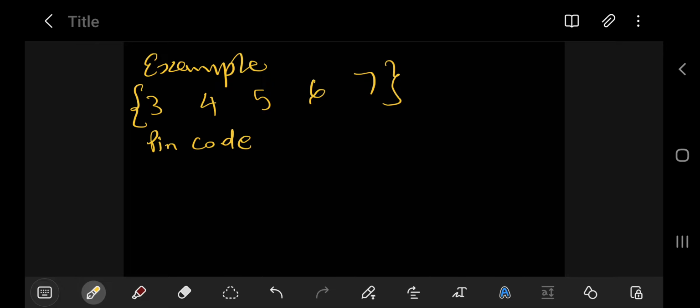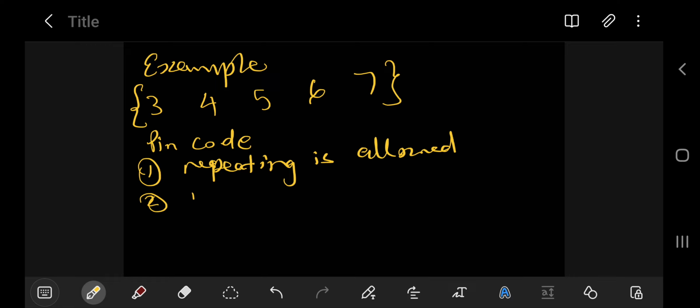So question number 1, repetition is allowed, right? And for the second question, repetition is not allowed, right? So for the first one, you want to generate a pin code with 3 digits, and the digits now we are choosing from 3, 4, 5, 6, and 7, right?